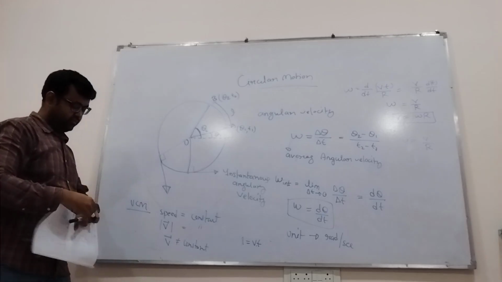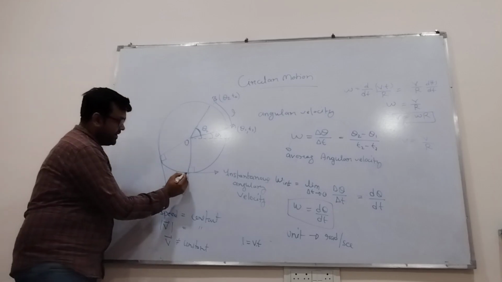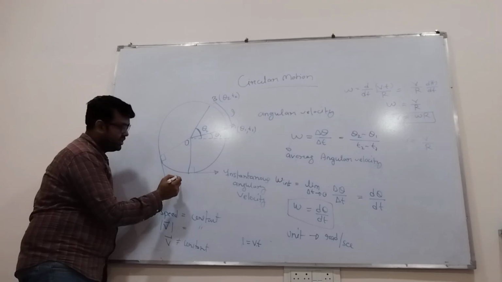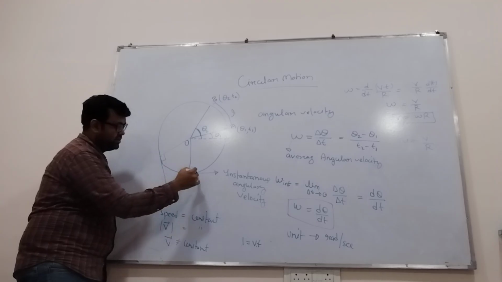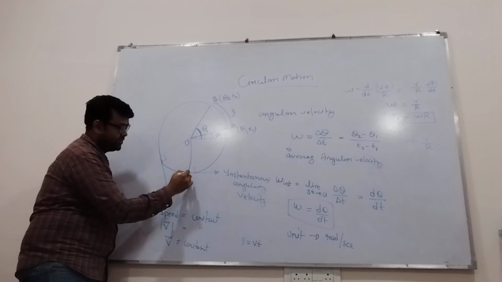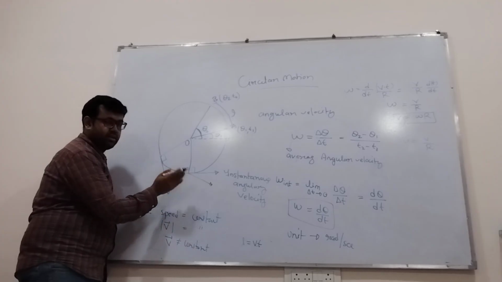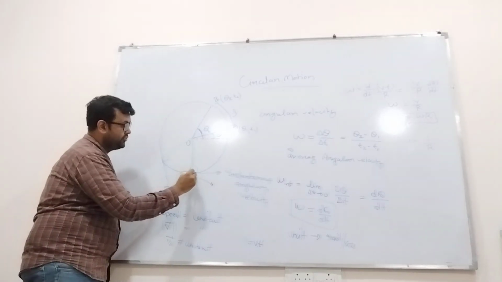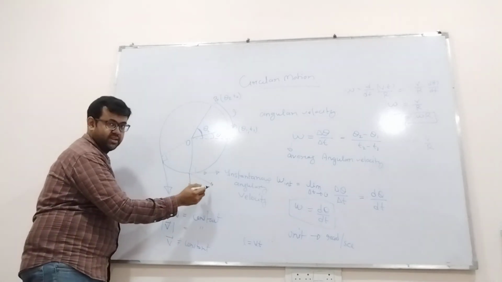Suppose, for example, when the particle is here and the direction of the velocity, suppose it is not in that direction, suppose it is in this direction. So we have to take the component of the velocity that is perpendicular to the r. So we have to find the component of the velocity.